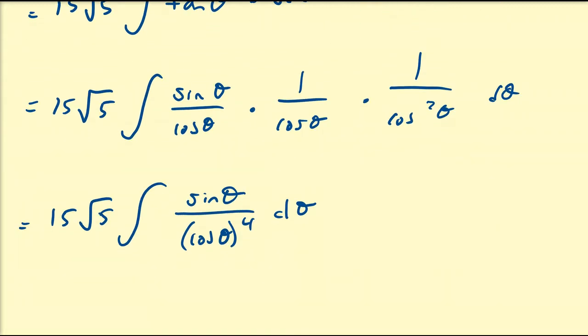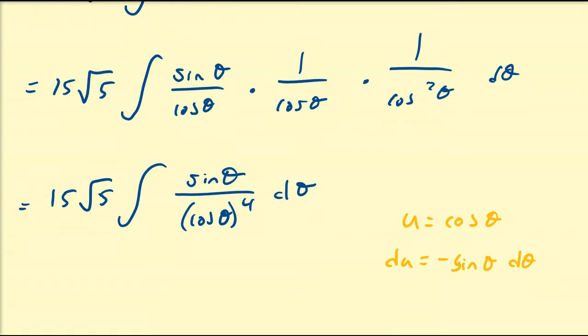From here I'm going to proceed with standard substitution. So we're going to let u be equal to the cosine of theta because its derivative is located on the opposite side. So du is going to be equal to the negative sine of theta d theta. So that means d theta is going to be equal to du divided by negative sine of theta.